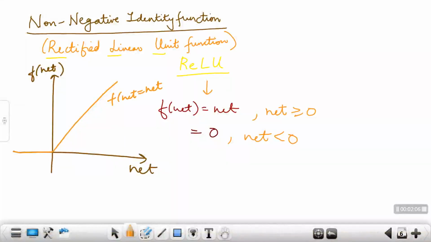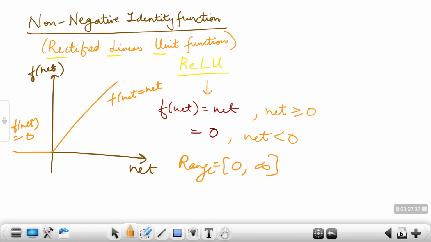So here f of net is equal to net, and here f of net is equal to 0. Is that clear? Now, what is the range of this function? The range is from 0 to infinity, whereas for the previous function, the identity or linear function, the range was from minus infinity to plus infinity.